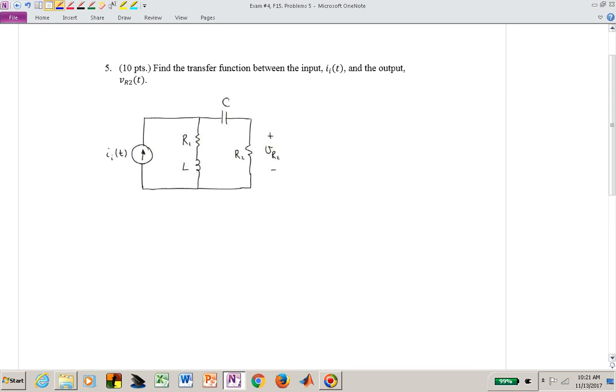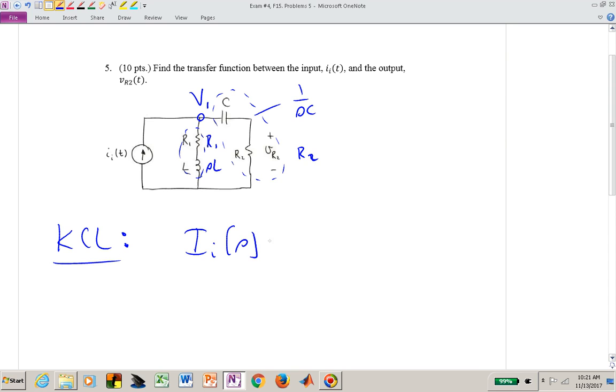What if we went ahead and did this a different way? Suppose we did nodal analysis, and now we might say, oh, we have this one node, and that's V sub 1. If we collect that impedance, this is now 1 over SC, and this is simply R sub 2. And we have this impedance, which here is SL, and here is R sub 1. So if we write a KCL equation in terms of V sub 1, then we have I sub I coming in to node V sub 1 from the left horizontally.